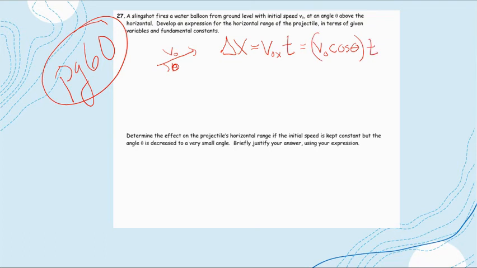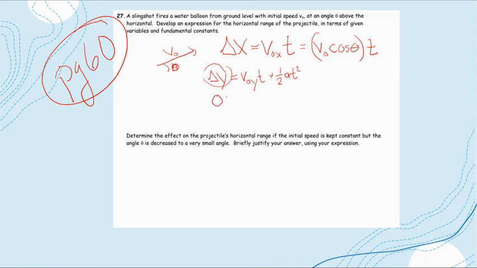Now, I can't leave it like that because I want to solve it in terms of the variables that are given. And this is a very common AP physics type question. So I need to figure out how I'm going to find time. Well, if I use the equation change in y equals V initial y t plus 1/2 a t squared, my change in y in this case is 0 because I'm going back to my initial height.